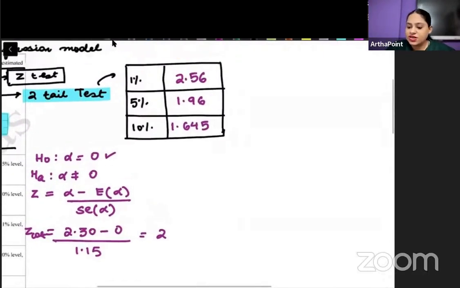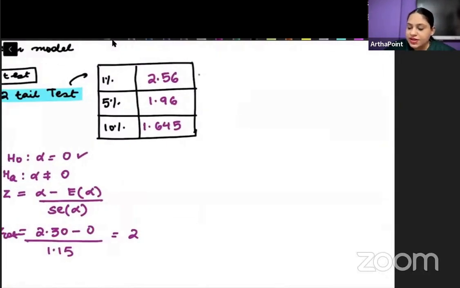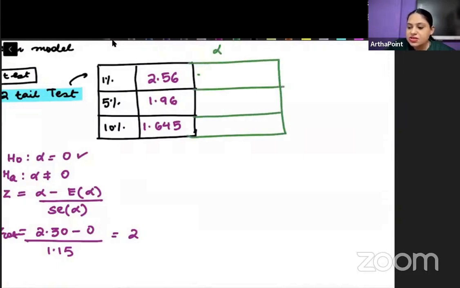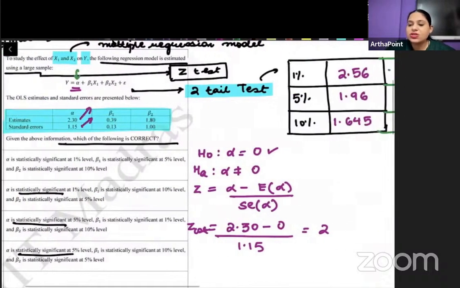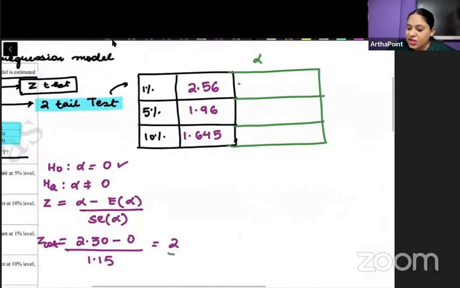Now try to understand. Let's do 1% first. I am doing it for alpha, the first parameter. This alpha is the intercept term. So I am talking about this intercept term. Its calculated value is coming as 2.